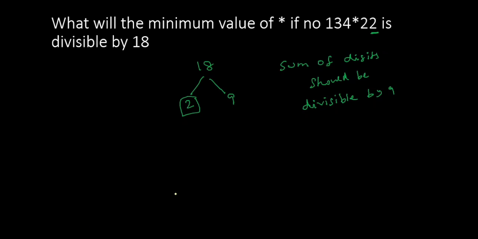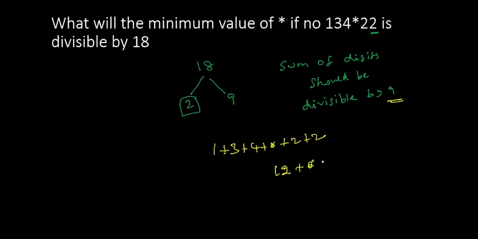Now when we make 1 plus 3 plus 4 plus star plus 2 plus 2. 1 plus 3 is 4, 4 plus 4 is 8, 8 plus 2 is 10, 10 plus 2 is 12. Now the number has to be divisible by 9. So 12 plus star has to be divisible by 9.